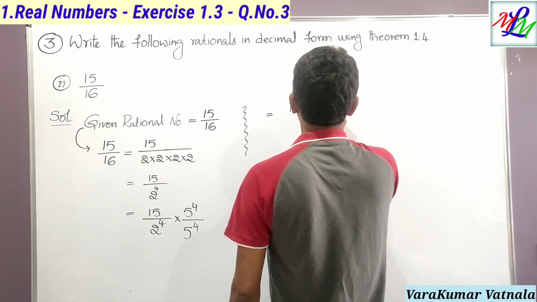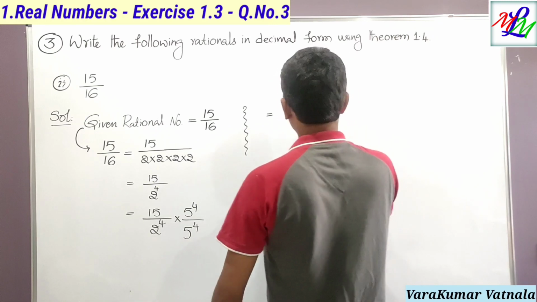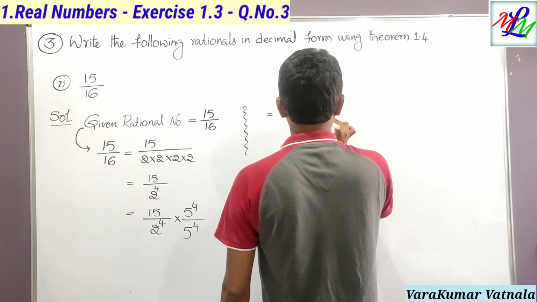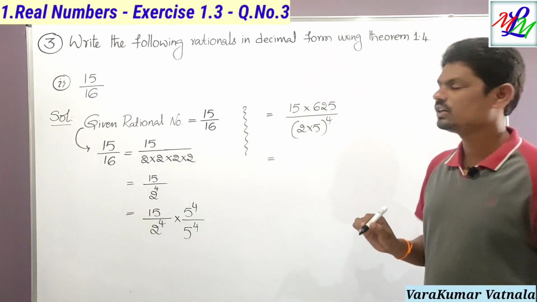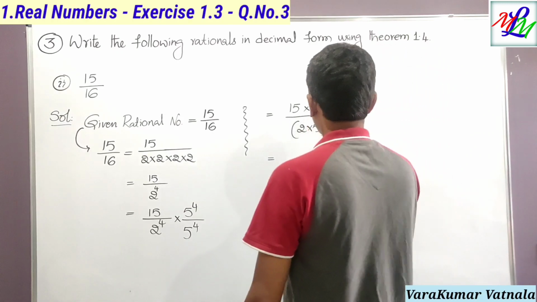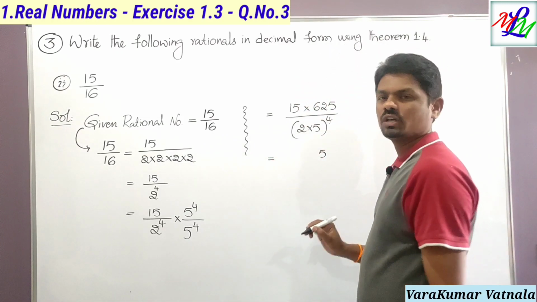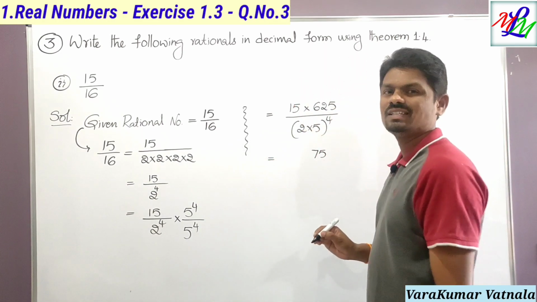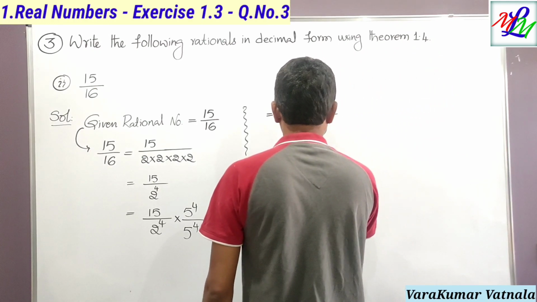So 15 into 625 divided by 2 into 5, whole to the power 4. Now I have to multiply 15 into 625. 15 fives are 75, write 5 and carry 7. 15 twos are 30 plus 7, 37, write 7 and carry 3. 15 sixes are 90, 90 plus 3, 93.